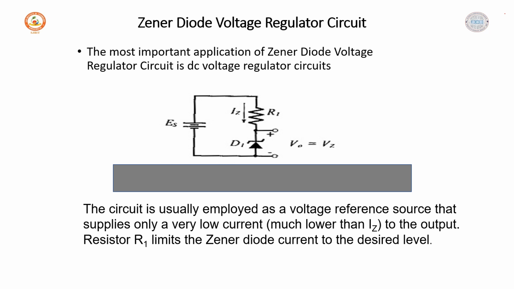So how does a zener regulator circuit work with no load? It is one of the important applications of a zener diode, a DC voltage regulator circuit. The zener current may be greater than the diode knee current. For the most stable reference voltages, the zener current should be selected as the threshold current.